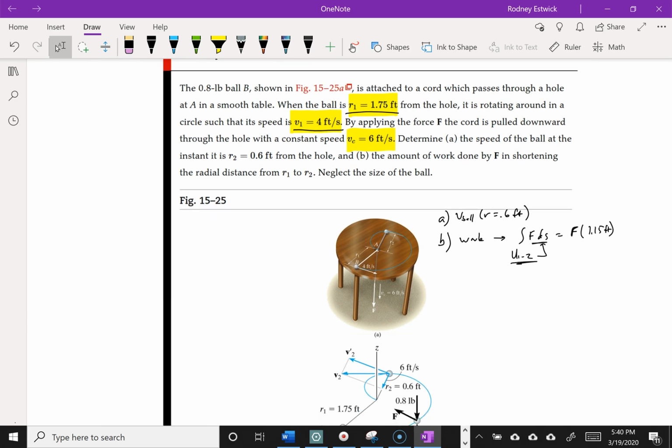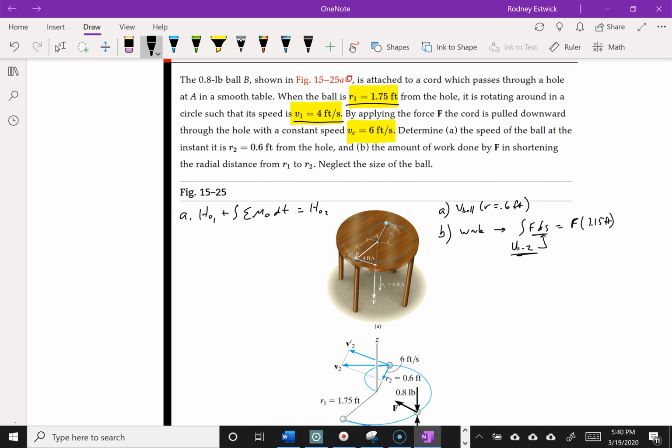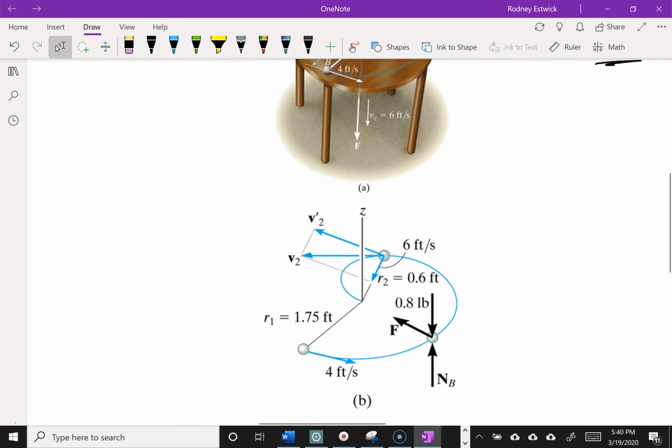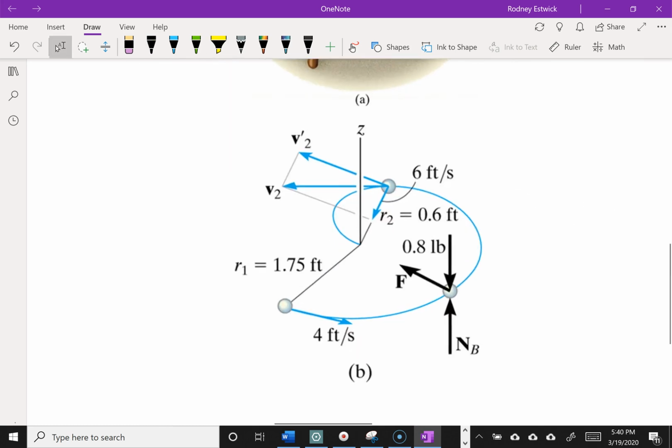All right, so what do we know? We know that if we pull out our momentum equation, the initial angular momentum plus an impulse, the sum of moments over time, is going to equal the final angular momentum. Now let's look closely at the situation, what we have going on here, and Hibbler drew for us this nice chart, graph, whatever you want to call it.